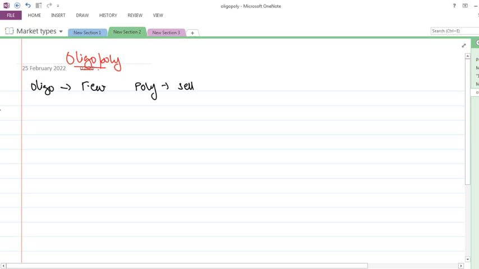The products traded by oligopolists may be differentiated or homogeneous.